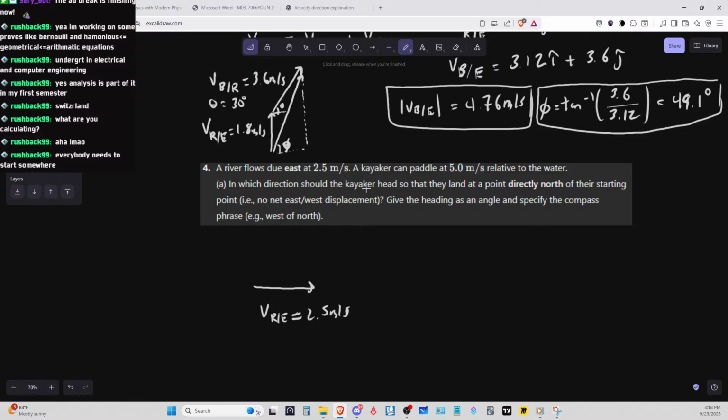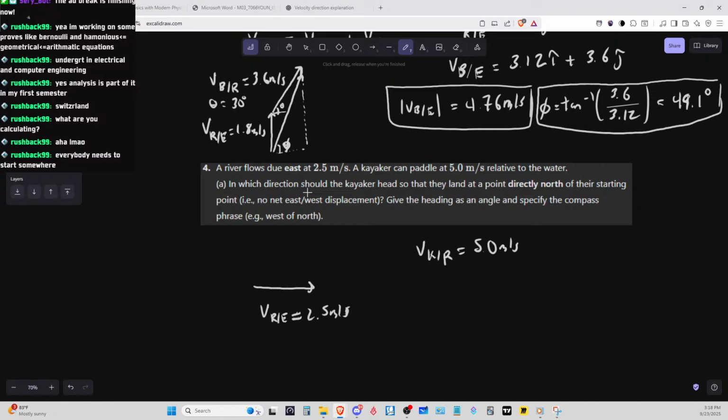Let's see. So we know that the velocity of the kayaker relative to the water, KR, is 5 meters per second. In which direction should the kayaker head so they land at a point directly north of their starting point, i.e. no east or west displacement?